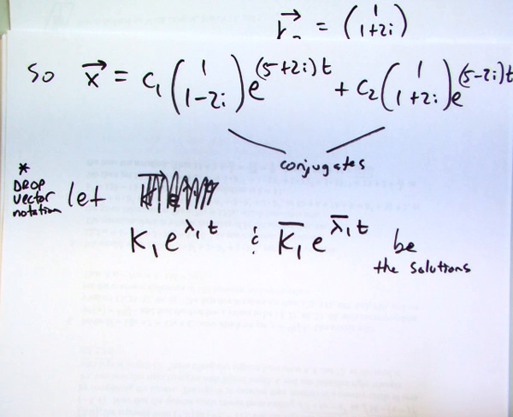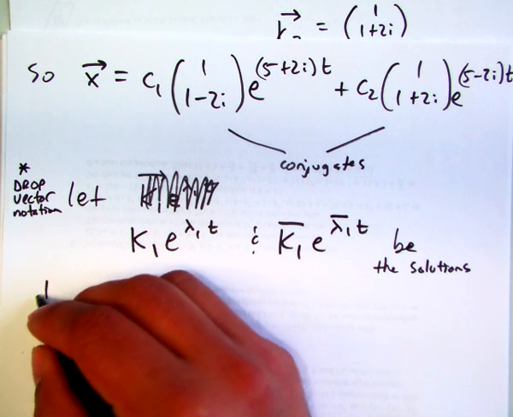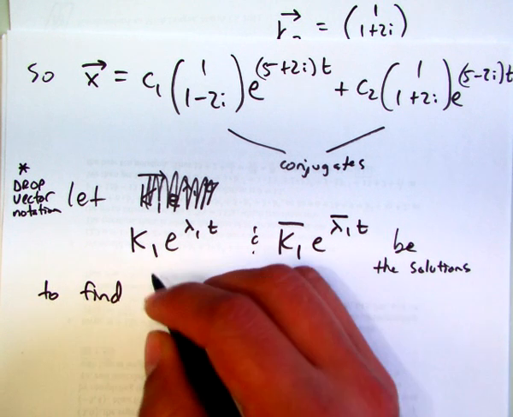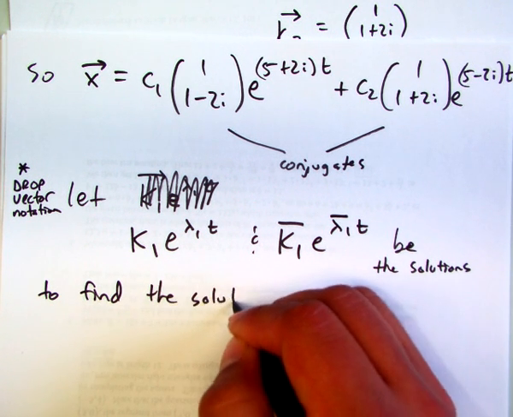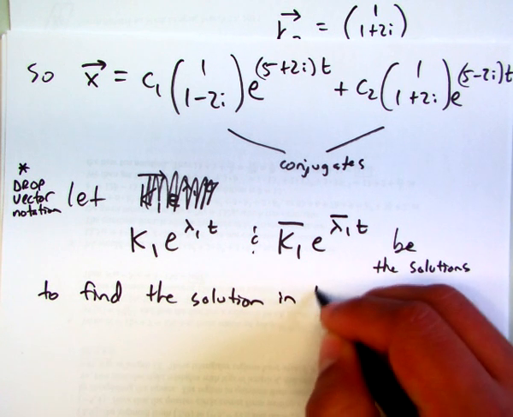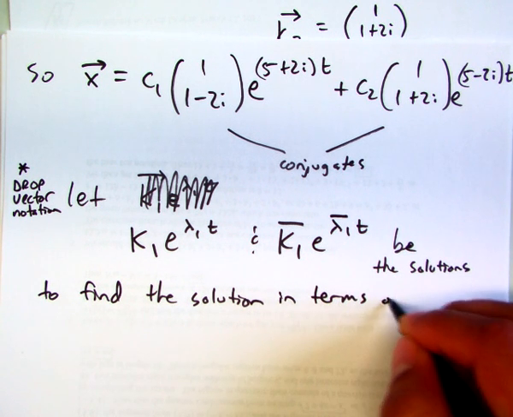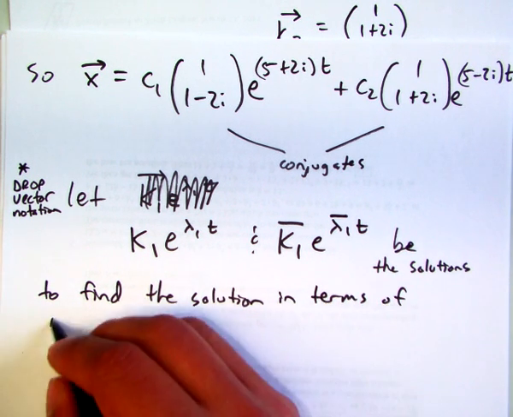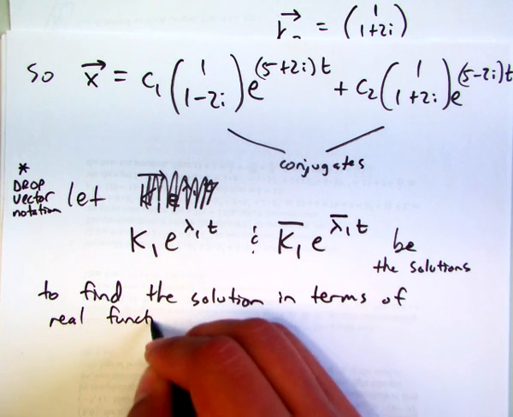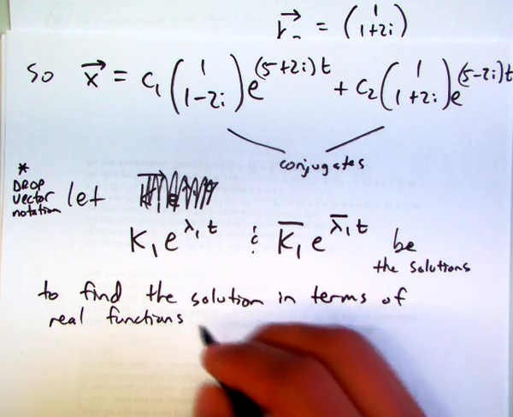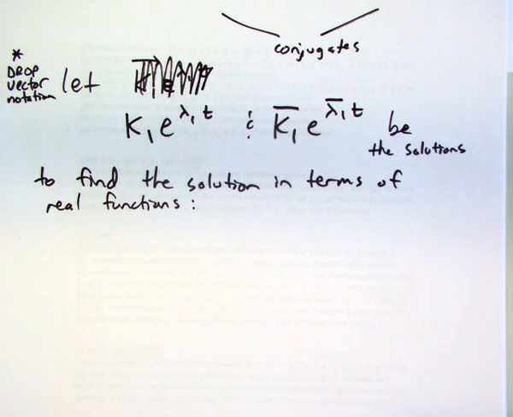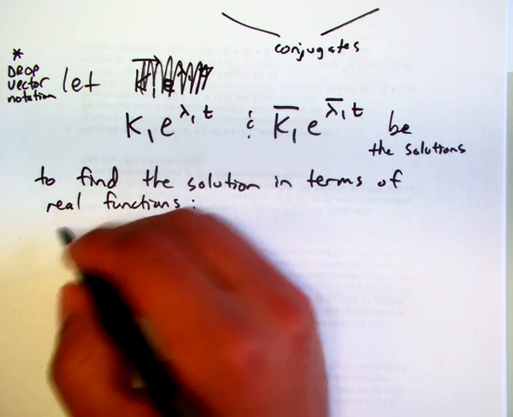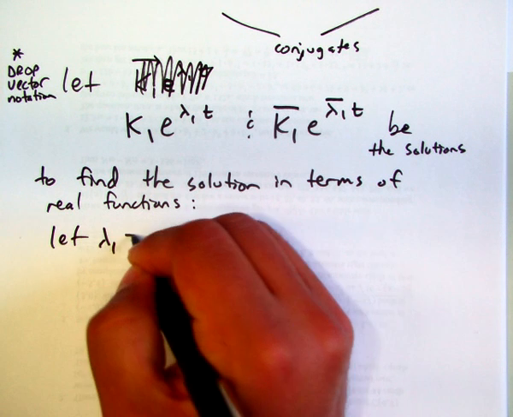And now what we're going to do is try to find the solution in terms of real functions. So we're going to let lambda 1 in general be alpha plus beta i.